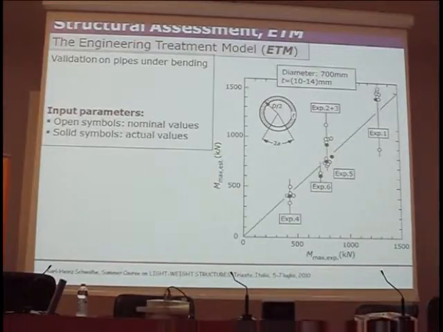And then I got some data sheets from the company who did the tests. And then it turned out that each pipe had different values. The nominal thickness was 11 millimeters, and here it actually varied between 10 and 14, which does a lot to the end result.